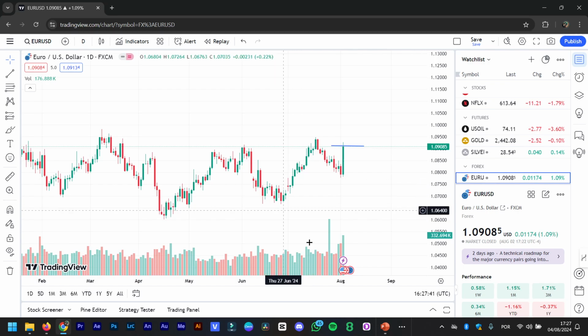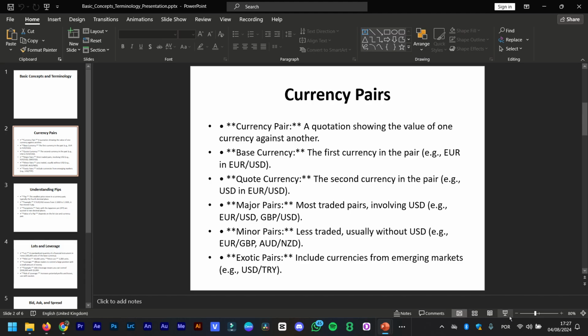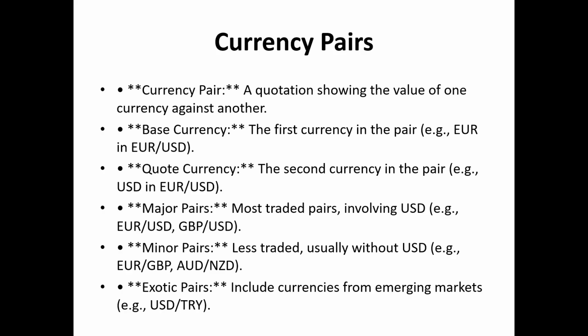Okay, so let's go back there now. For example, the base currency is the first currency in Euro USD, so the euro is the base currency, and the quote currency is the second currency.